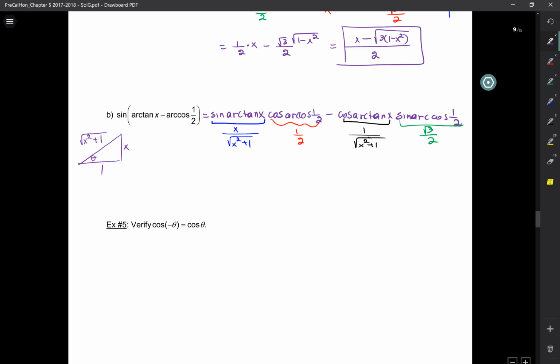I have x over 2 times the square root of x squared plus 1 minus root 3 over 2 times, yeah, okay. So you see the denominators are the same? So I can just combine them? Are they always going to be the same? No, unfortunately not.